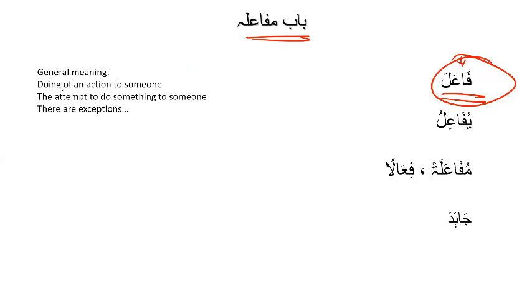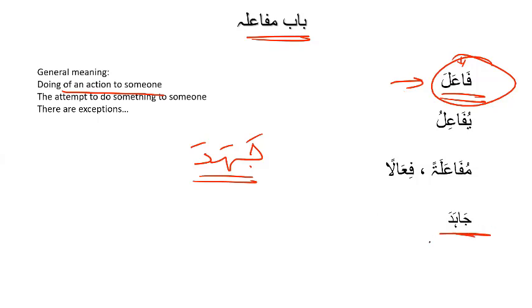This involves doing an action to someone, or trying to do something to someone, putting in an effort where somebody else is also involved. So if we just say jahada, as we've seen in our vocabulary, this means just to work hard. But when you put it in this form, it means work hard against somebody else.